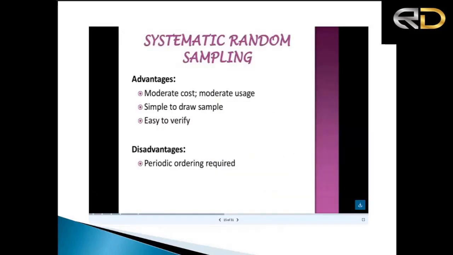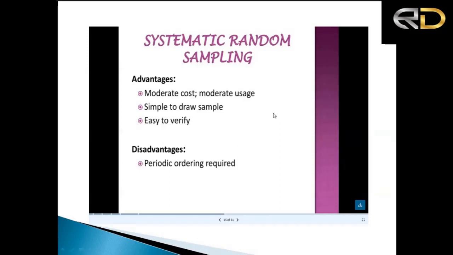Obviously, every sampling technique has its limitations and some advantages. The advantage is moderate cost, because we are not randomly selecting everything, we are randomly selecting only one, and then we know where to get observations from the units systematically.